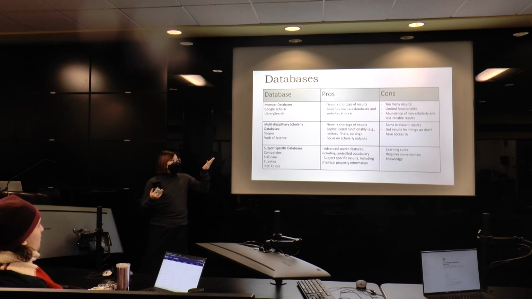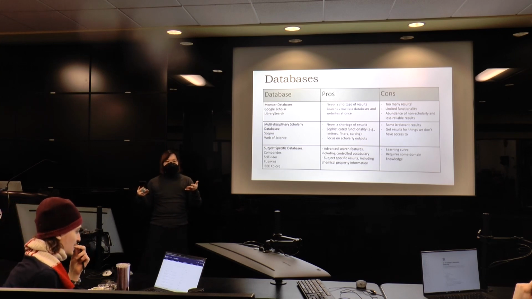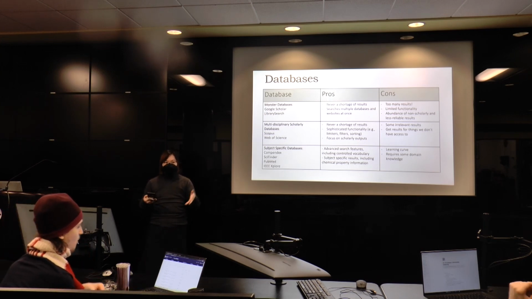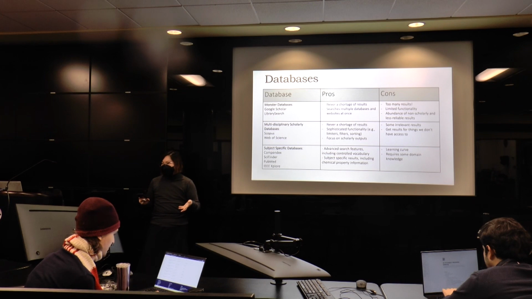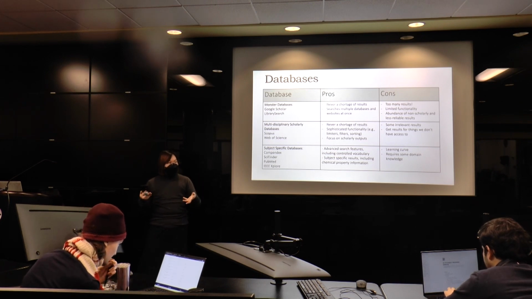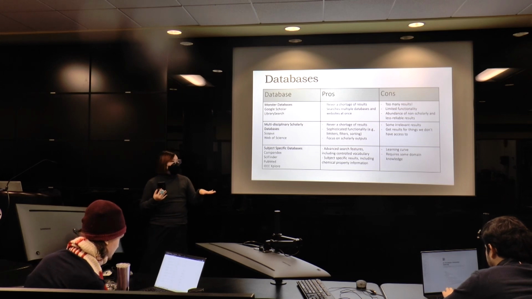Subject-specific databases, since they collect more subject-specific information, they also have more tools for you to be able to search through the results. So you have things like controlled vocabulary, which is how results are indexed. So it's easier to search for, so the information is better organized.